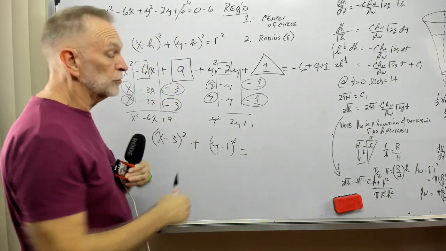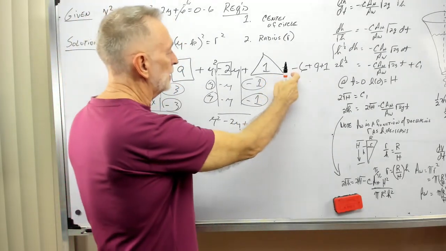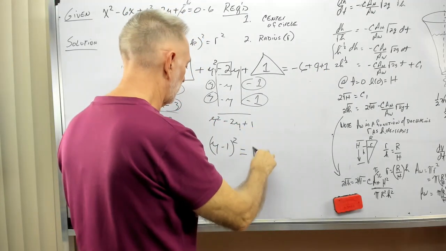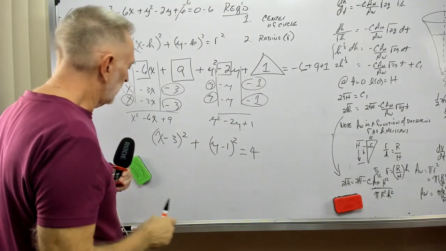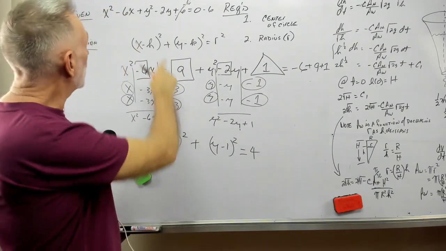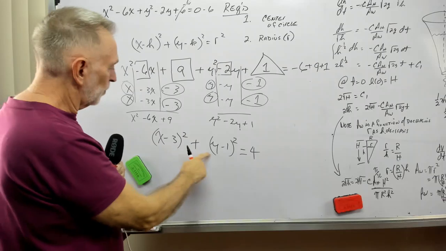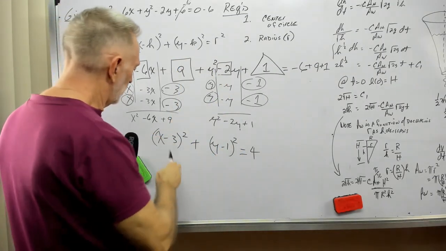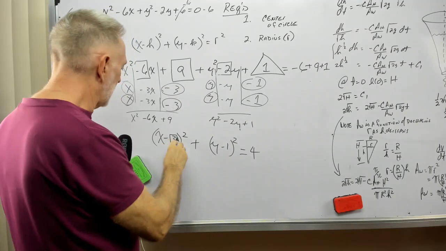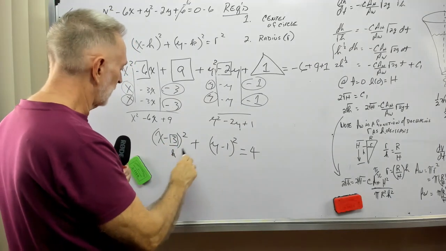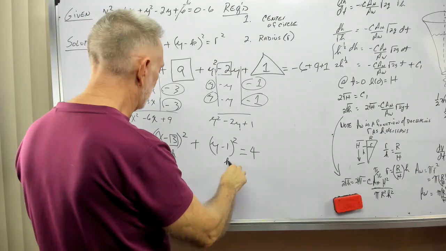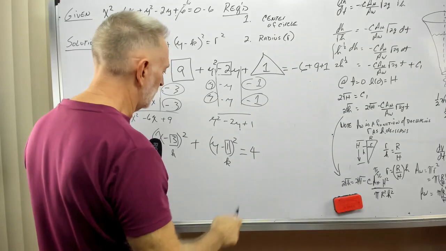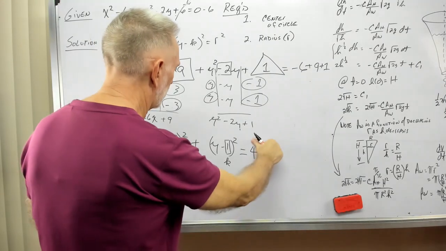Now that equals what? Negative 6 plus 9 is 3. 3 plus 1 is 4. Oh, look at here. (x minus 3) squared plus (y minus 1) squared equals r squared. Oh, so what does that mean? x minus h, y minus k. h is 3 and k would be 1 in this case, and that equals r squared.